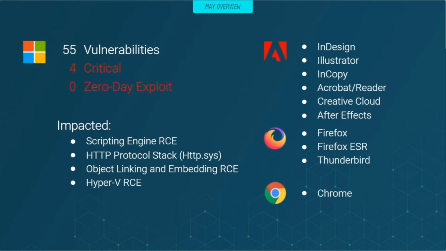We have also seen several updates to Firefox, Firefox ESR, and Thunderbird released. They address 2 critical and 2 medium vulnerabilities, along with 1 medium for Thunderbird. As for Chrome updates, 19 vulnerabilities were addressed in the latest stable channel release, 17 of which were rated high.